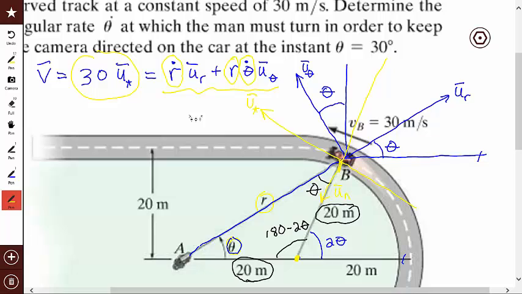Right, so that's an extension of this line right here. So this angle right here is 2 theta.